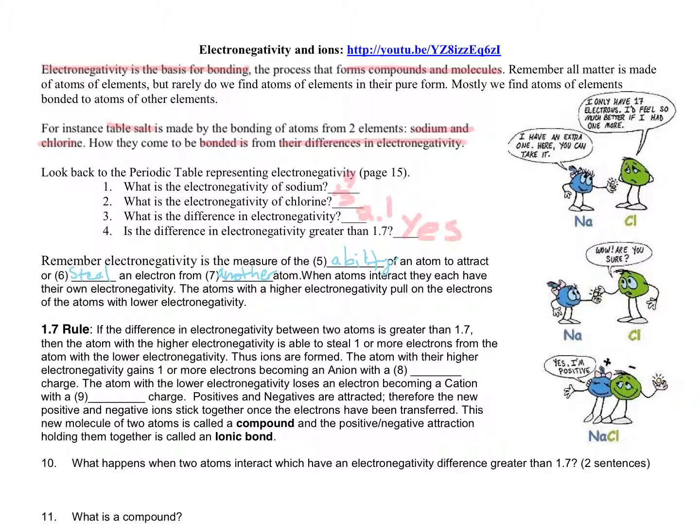So when atoms interact, they each have their own electronegativity. The atom with the higher electronegativity is going to pull on the electrons of the atom with the lower electronegativity. Atoms with higher electronegativity are going to pull on the electrons of atoms with lower electronegativity.